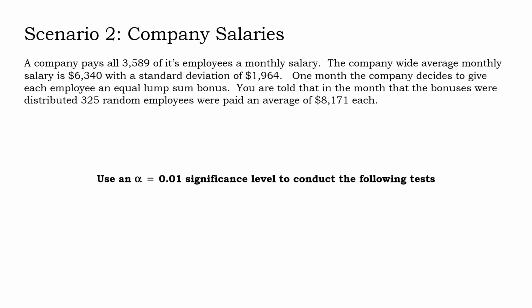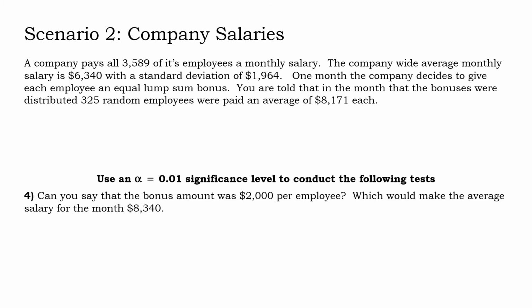We're going to use a 0.01 significance level one more time, and we're only going to do one hypothesis test here. We're going to test to see if we can say that the bonus amount was $2,000 per employee. Now, keep in mind, every employee was paid the same bonus, which means originally the monthly average was $6,340.